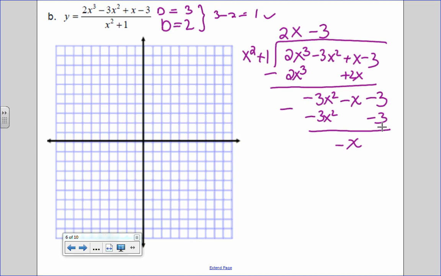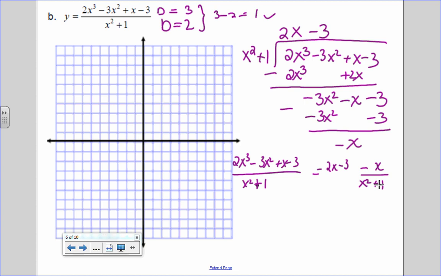So my polynomial written as a division statement would look like this. 2x cubed minus 3x squared plus x minus 3 all over x squared plus 1 is equal to the quotient 2x minus 3 minus, because it's negative, the remainder over the divisor.